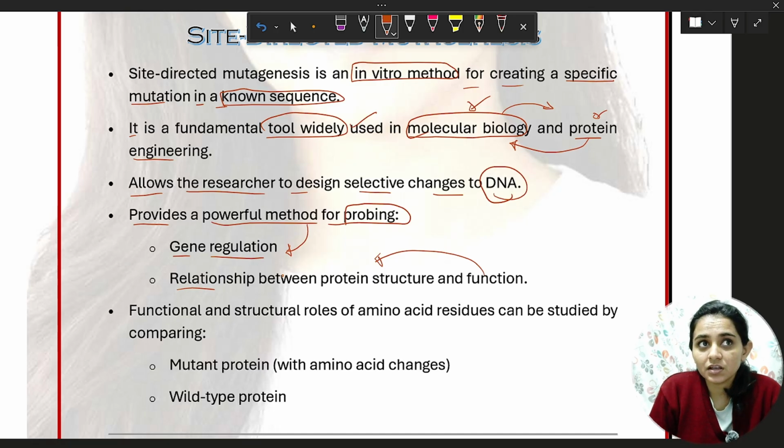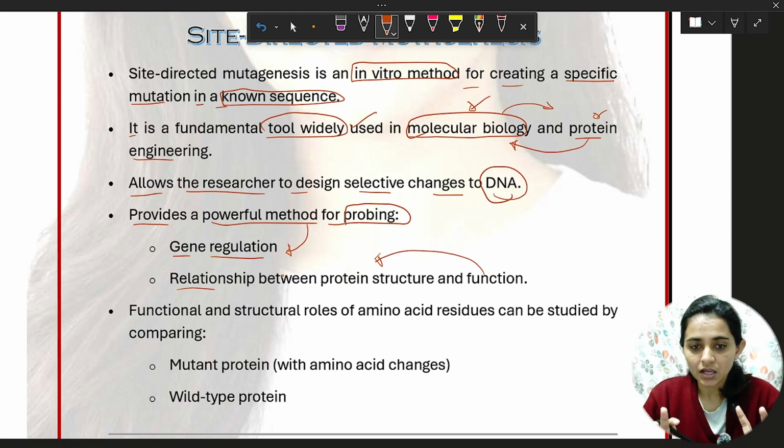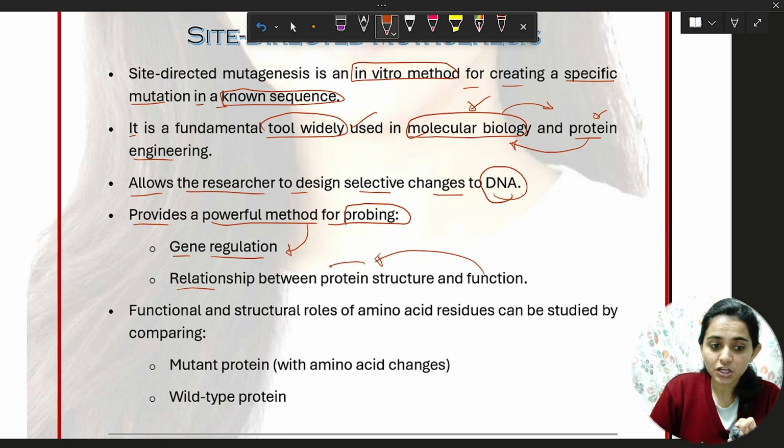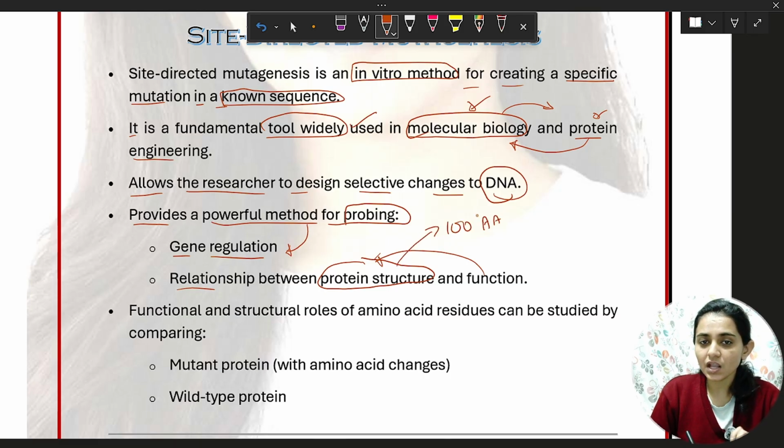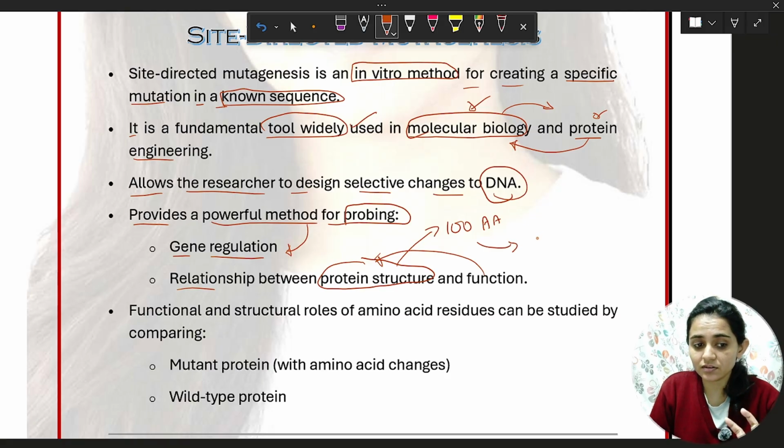Suppose there are 100 amino acids in a protein, and these same 100 amino acids are present in a different type of protein.